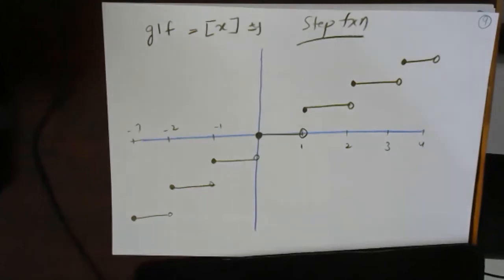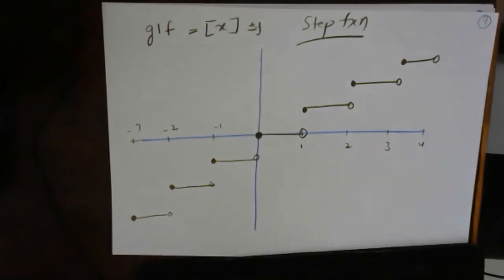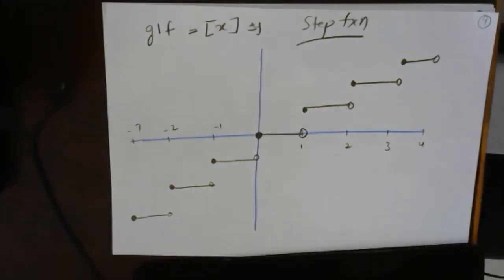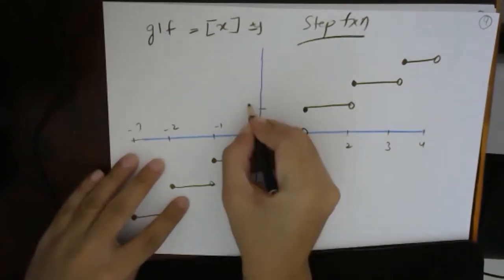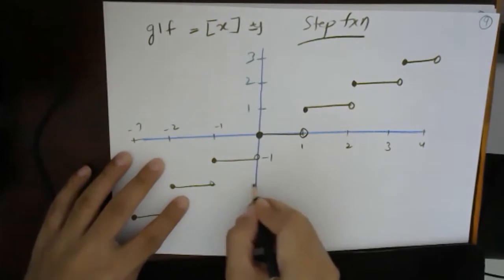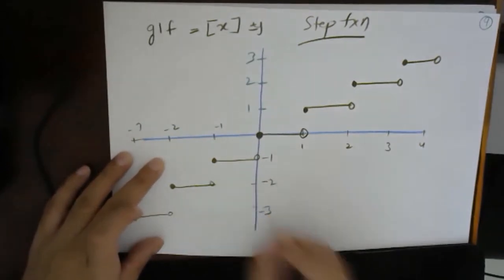I will explain it once again. Okay. So let's take this. So if this is the function, we should get correct answers. So this is y. This is 1. This is 2. This is 3. This is minus 1, minus 2, minus 3.